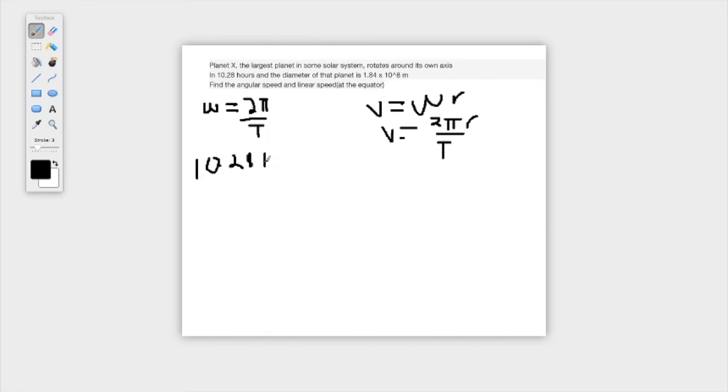So 10.28 hours times 3600 seconds per 1 hour will give you your period.